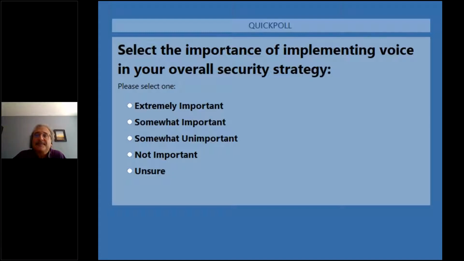Based on discussions with customers and partners, without biasing the poll that's open right now, I would think most of the responses will be in the top two buckets, extremely important and somewhat important. That's my guess at this point. And that's my hope as well, but we'll see what we get, and we'll show some market research that might give us some indication of how well things are going out there.